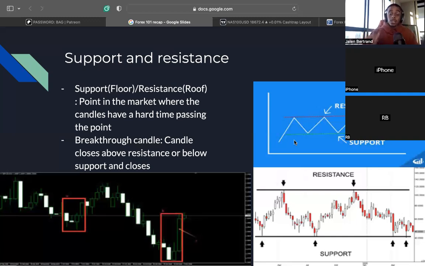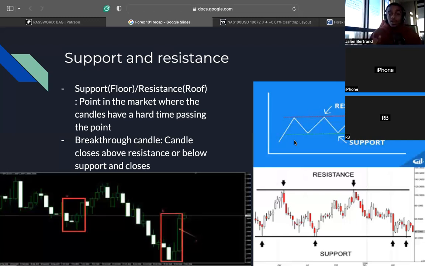Now, this is the second layer to it. Imagine we go from the first floor, up the elevator to the second. We step off the elevator. Now we're on a different floor. What was our roof from before is now supporting us standing up. So now that second floor is our support, and the floor above us is now our resistance.